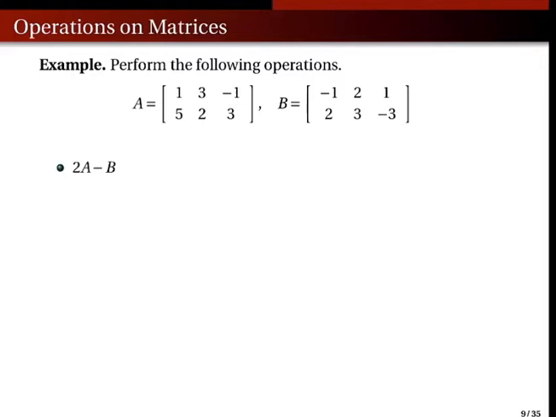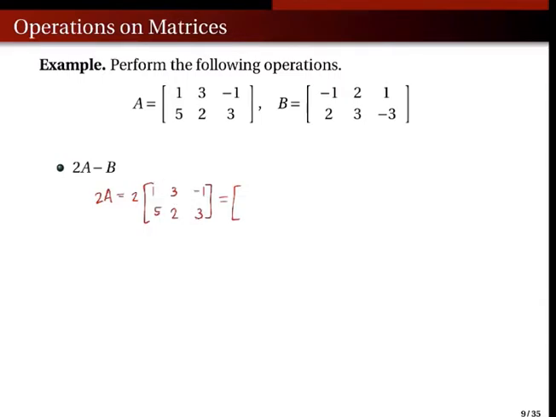So you have your 2A. Let me write the matrix. So 2 times this matrix here, 1, 3, negative 1, and then 5, 2, positive 3. So this means you multiply this 2 to each of the entries in this matrix.